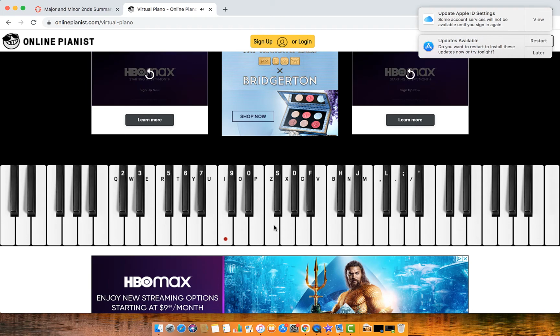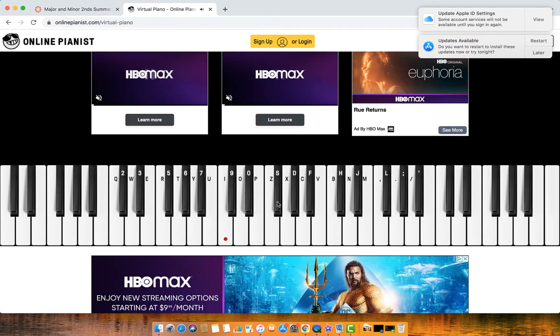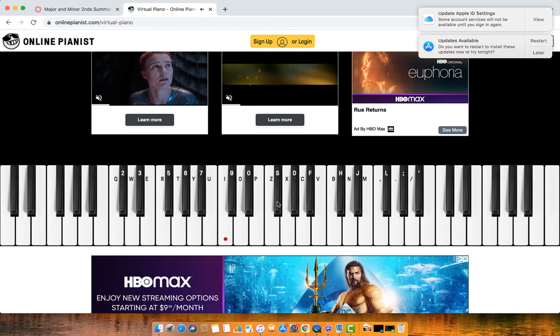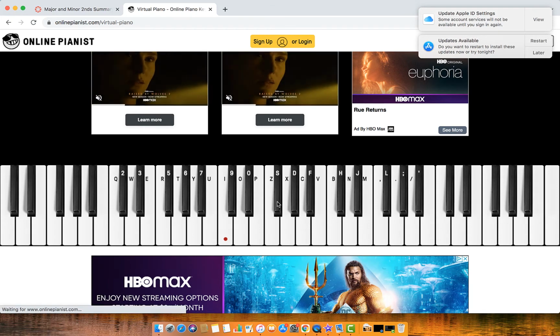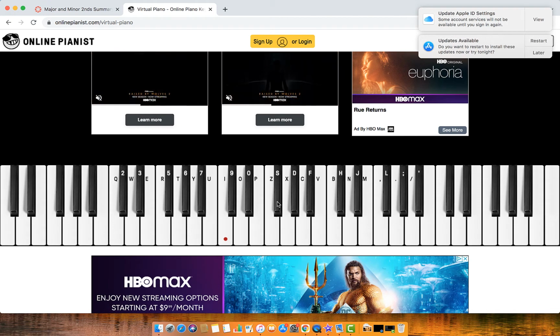I still move two letters, F, G. Only in major it's F, G. Minor second is F, G flat. So F to F sharp is a half step, but F to F sharp is not a minor second.